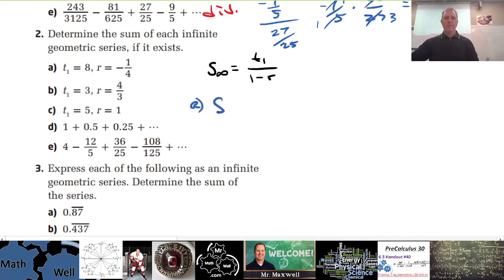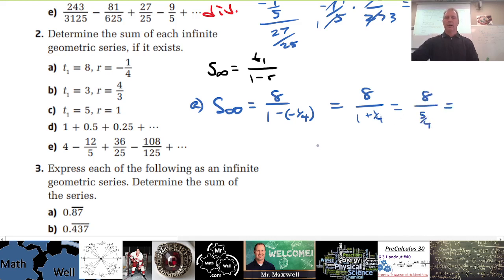For A, we have an infinite sum of 8/(1 minus -1/4), which is 8 divided by 1 plus 1/4, or 8 divided by 5/4, or 8 times 4/5, which is 32/5.